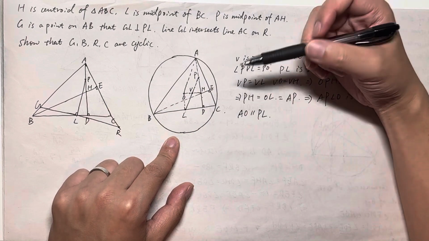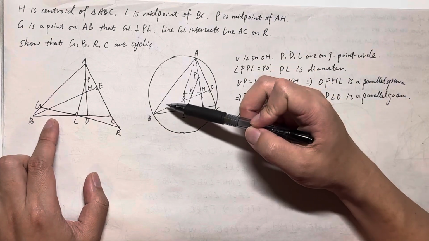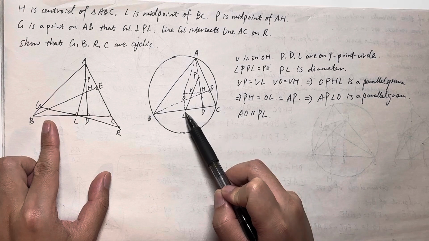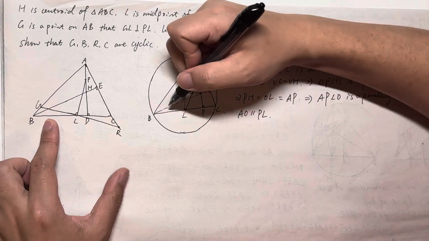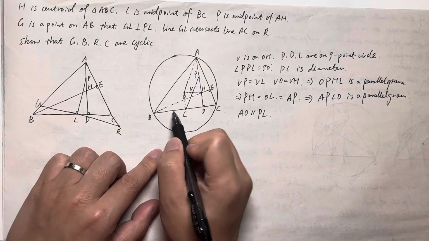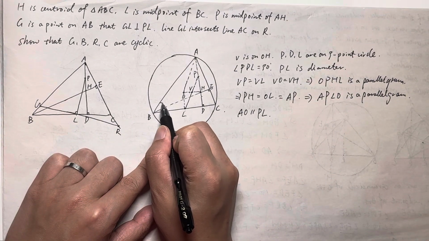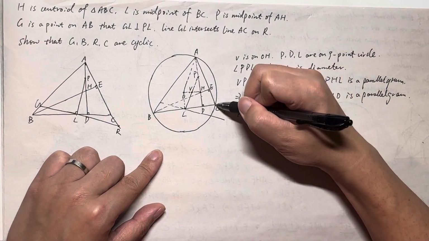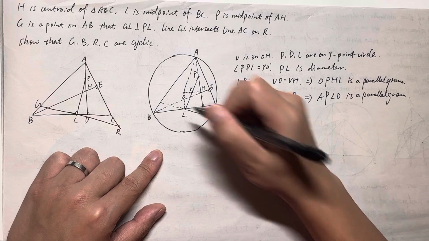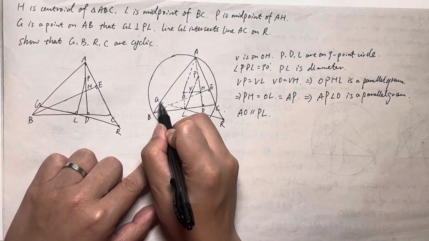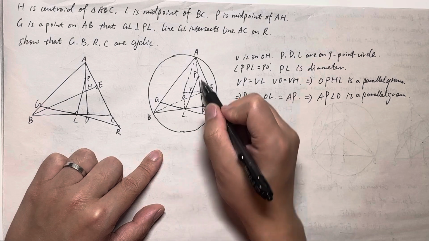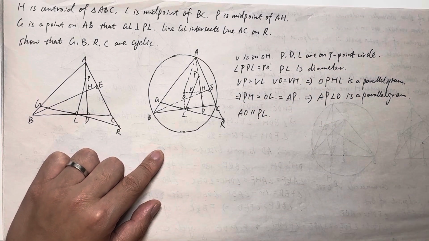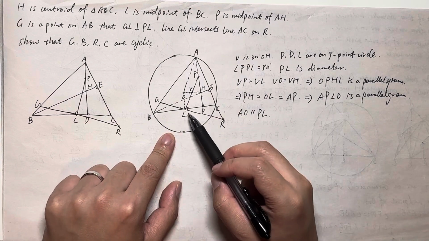So we look at the problem. The problem says that G is a point on AB such that GL is perpendicular to PL. So we can find this point G. This is R, this is G. GL is perpendicular to PL.